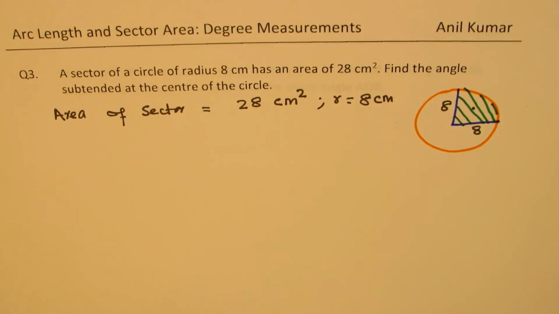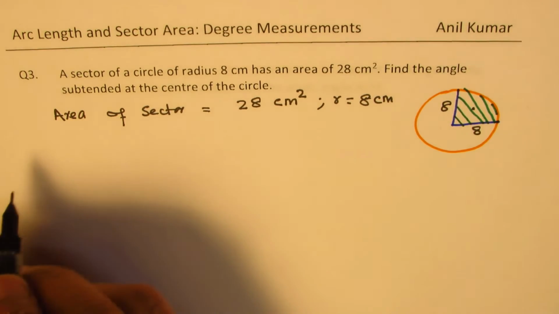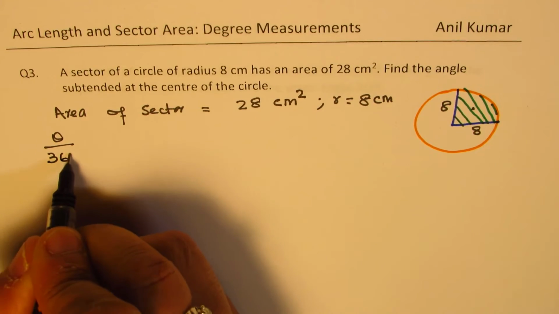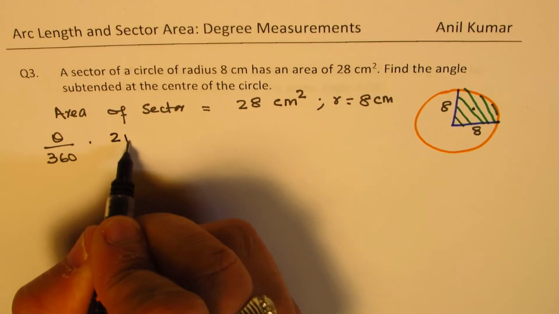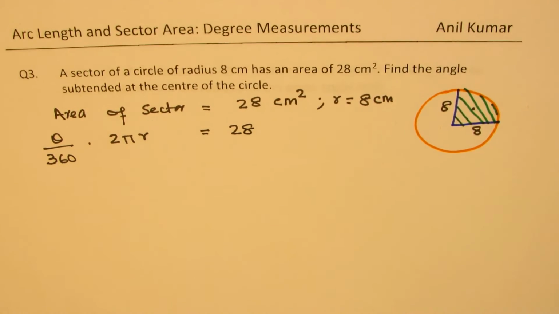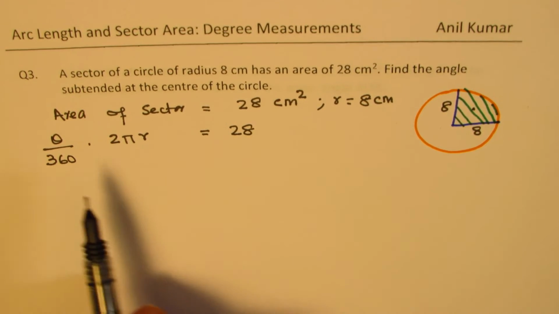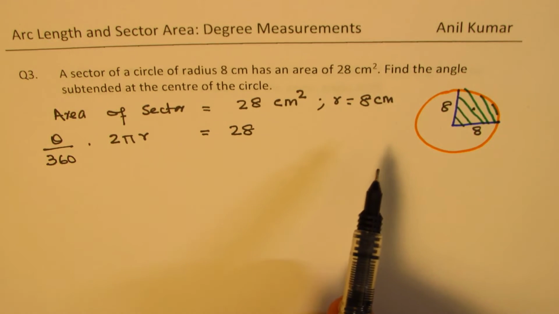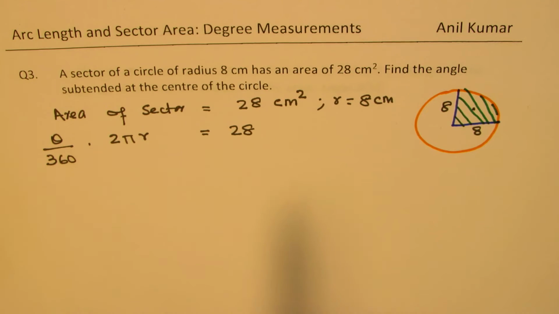Find the angle, right? So the formula for area is the angle theta over 360 degrees times 2 pi r, and that should be equal to 28, right? Now from here we can find the angle by cross multiplication, correct? We know all the figures here.